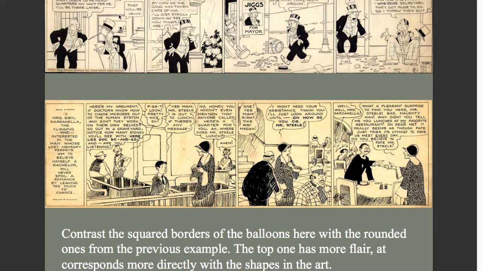Here's an interesting example where it's readable and beautiful, frankly, I think. And this is by George McManus. This is Bringing Up Father. And notice the word balloons, and we'll call them that for now. It's the best word, I guess, for them. They sort of have a similar feel to some of the shapes and some of the sort of Art Deco-like shapes that happen in a lot of the rest of the strip.